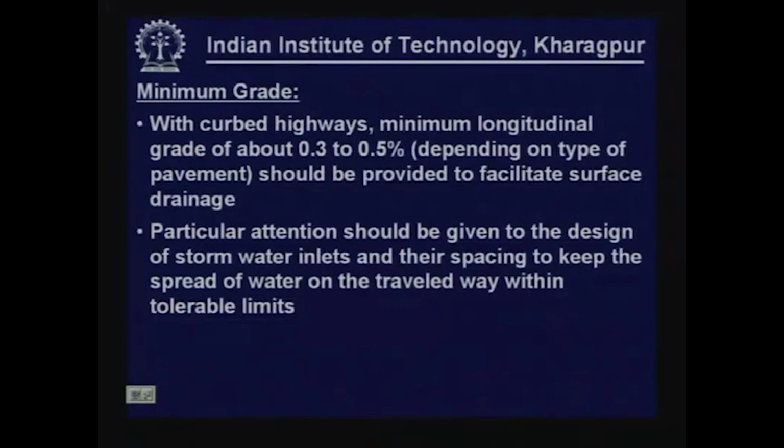It may be recalled that when we discussed the Indian Roads Congress guidelines, there also we talked about the minimum longitudinal grade, but the reason why IRC recommends a minimum grade wherever topography permits, and the reason why a minimum grade is recommended for curbed highways as per AASHTO, they are not really identical. The basis is different. That is to be understood and kept in mind.